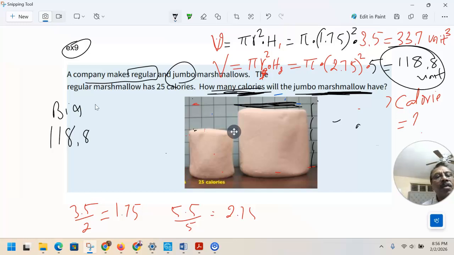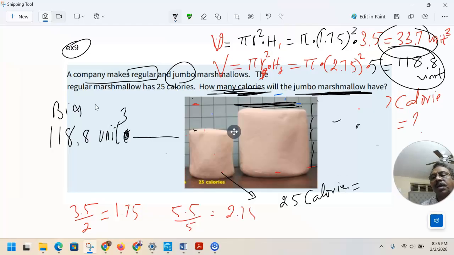Now you have to multiply something up, something down. What does that mean? The smaller one has 25 calories and a volume of 33.7 unit cube.